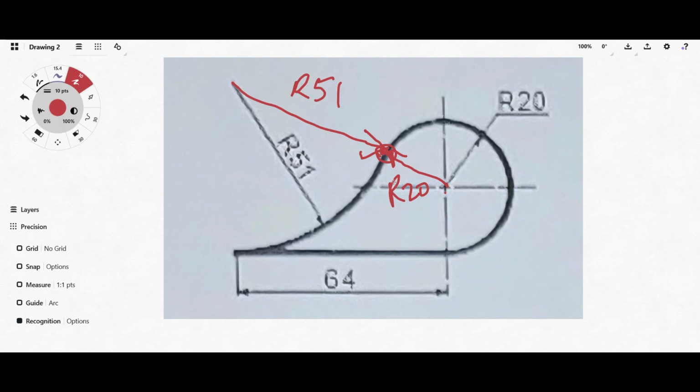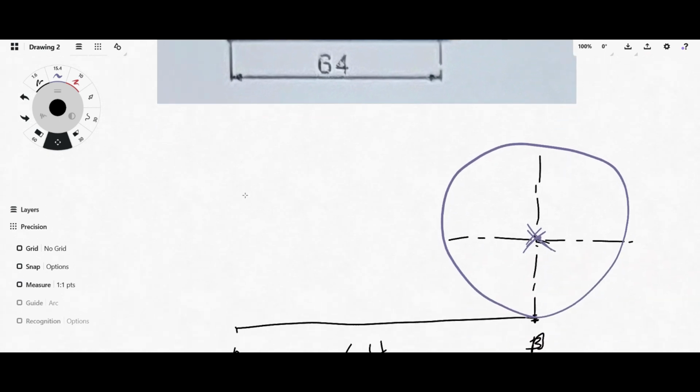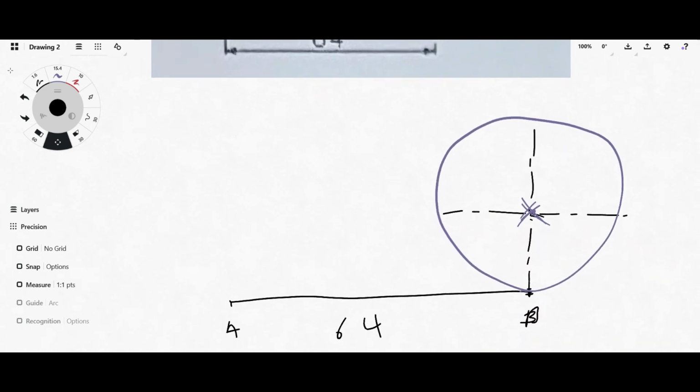So let's go back and come back here and see how we'll put that in the drawing. So we've had this circle, we have this line.